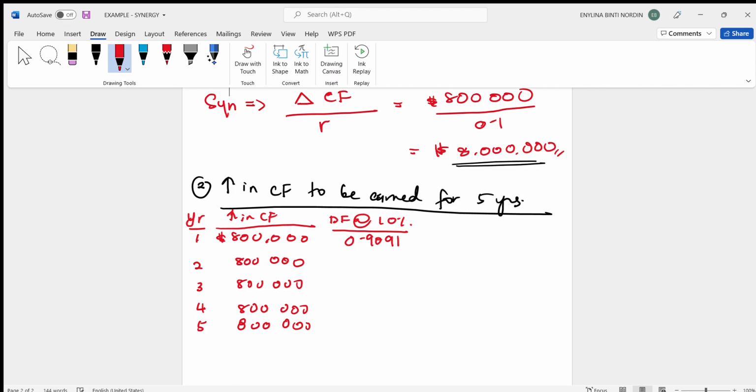Then the next one, year 2, 0.8264, then year 3, 0.7513, year 4, 0.6830, and the last one, year 5, is going to be 0.6209.